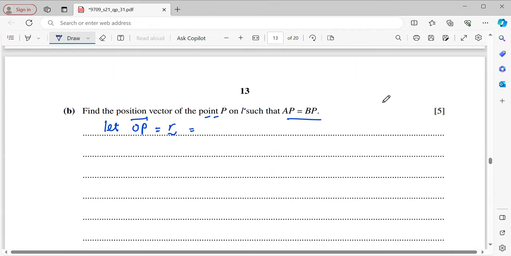So here I will just write this as (2 plus lambda, 3 minus 2 lambda, 1 plus lambda).